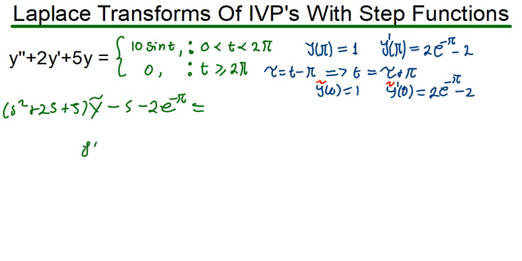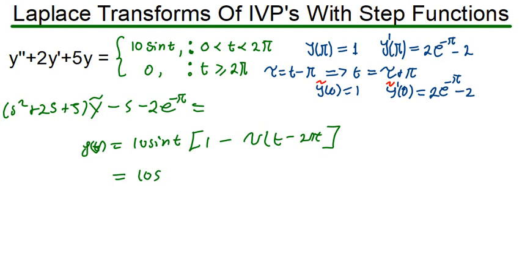Let me say g of t is equal to 10 sine t multiplied by 1 minus u of t minus 2 pi, like that. So expanding, this is going to be 10 sine t minus 10 sine t u of t minus 2 pi, like that.